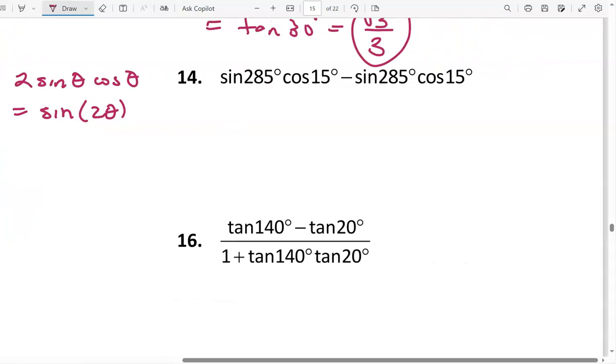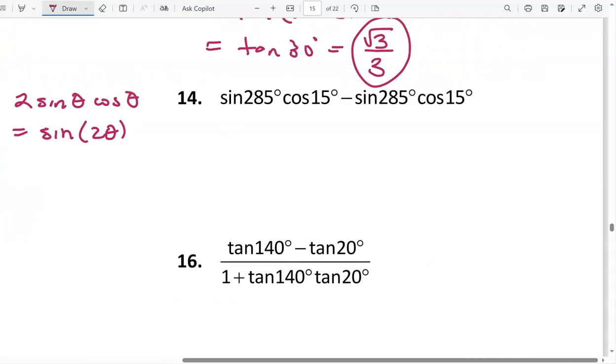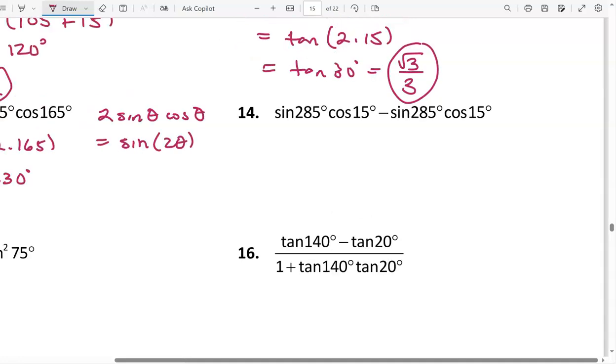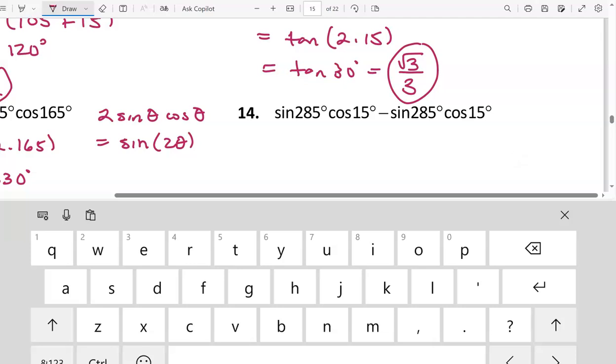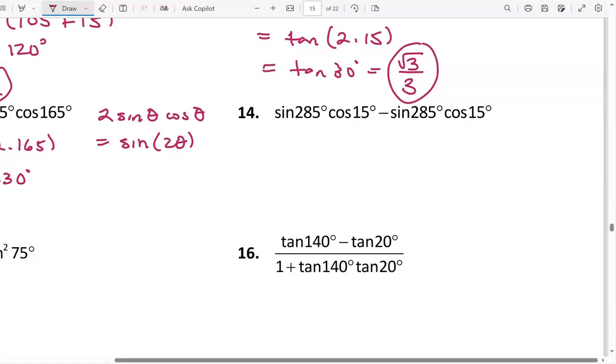For number 14, it looks like we have a sine of A, cosine of B, minus sine of... Looks like we have a typo on number 14. I'm going to change this because it really would be 0 if we did that subtraction of two things that are the same. So let's change this one.